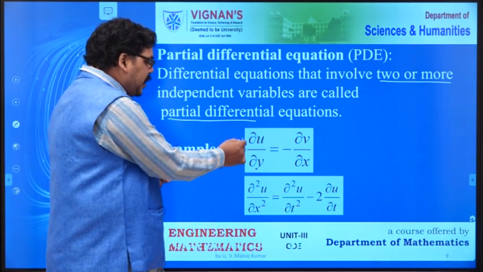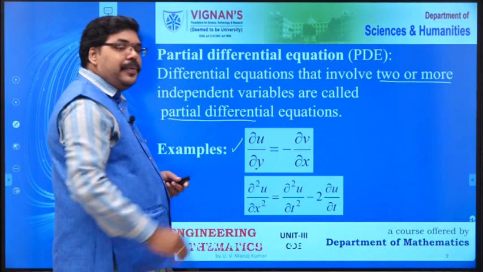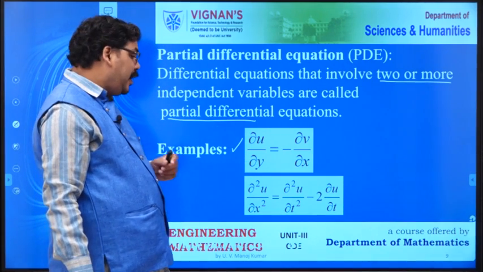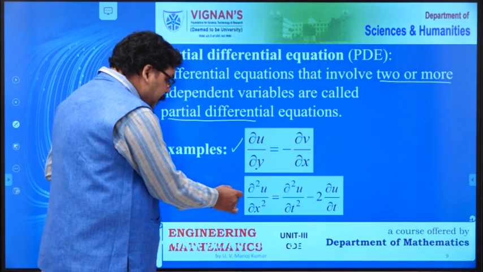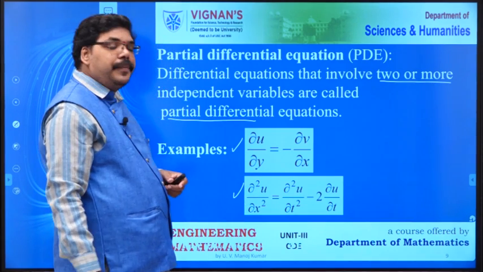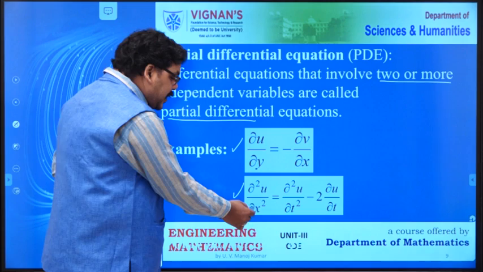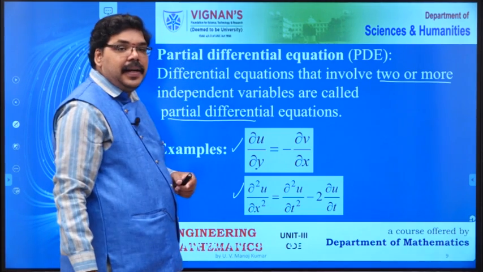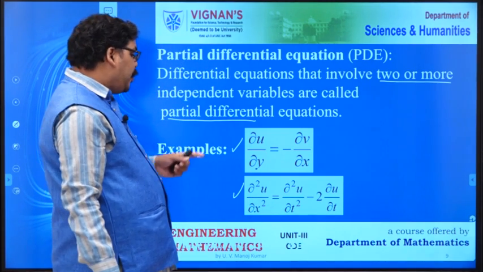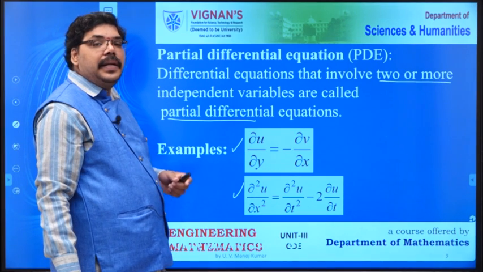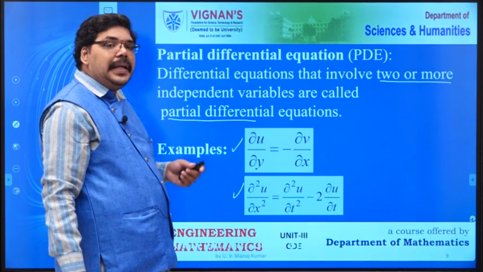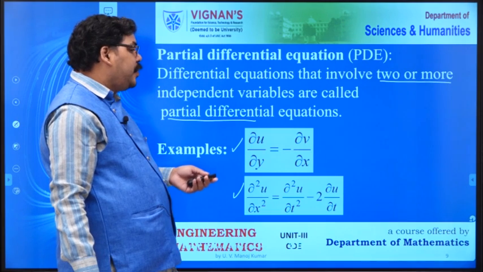Also you can see the partial derivative is there. See the second example. Here x, t are the independent variables. So these two are partial differential equations involving two or more independent variables.